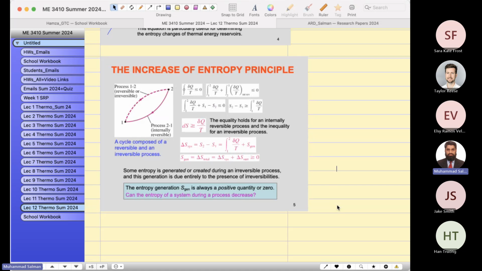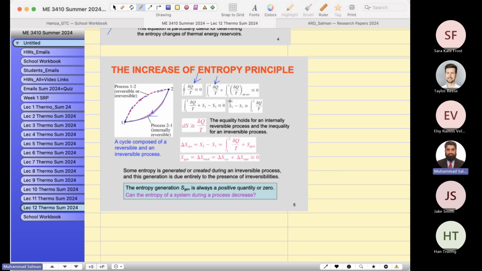Look over here. From 2 to 1, which is a reversible process, and from 1 to 2, which is irreversible. So the Clausius inequality states that from 1 to 2, this is an irreversible process.